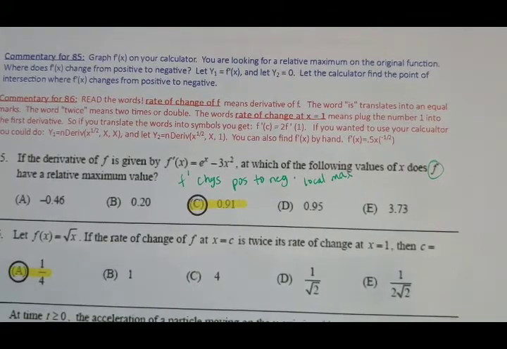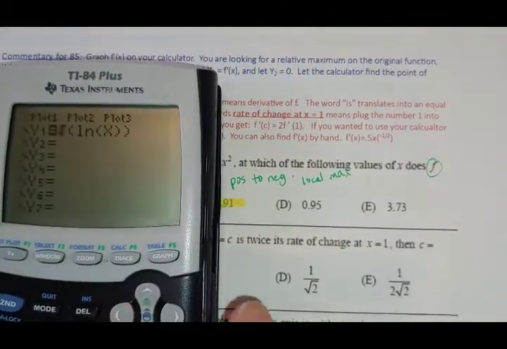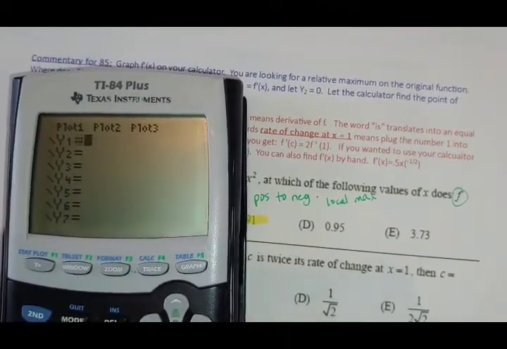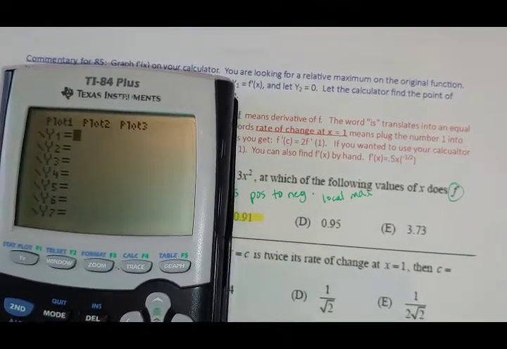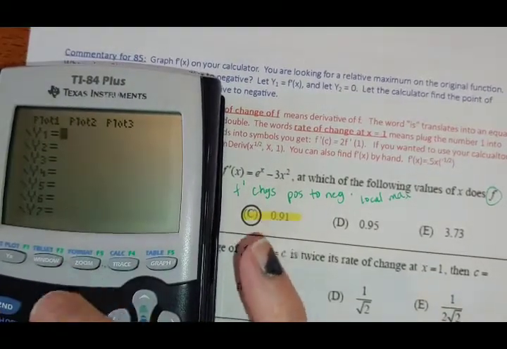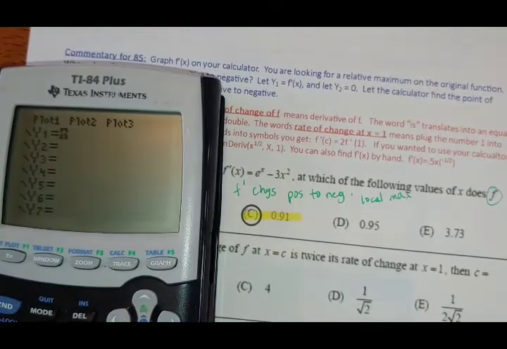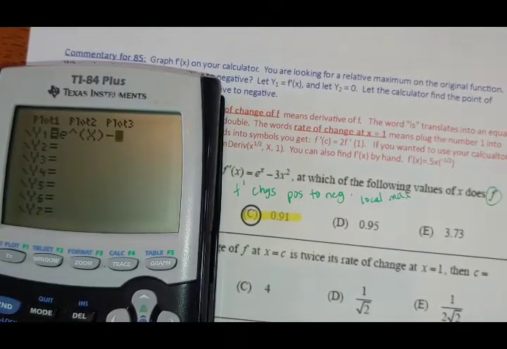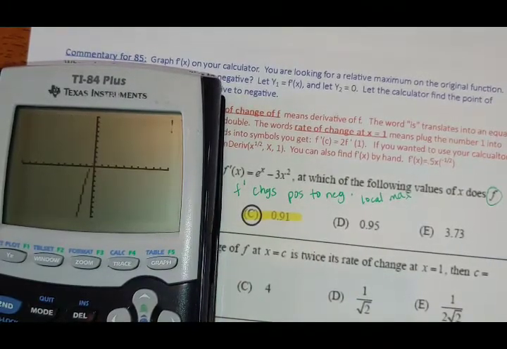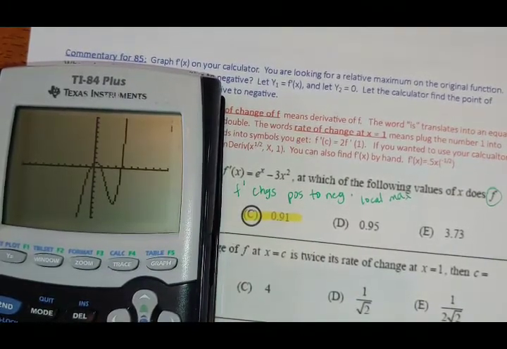So all we're going to do is graph the derivative function that they give us here. Clear. And so that would be e to the x minus 3x squared, and zoom 6. Again, looking at your answers to know about the range or the vicinity where the answer is going to be.